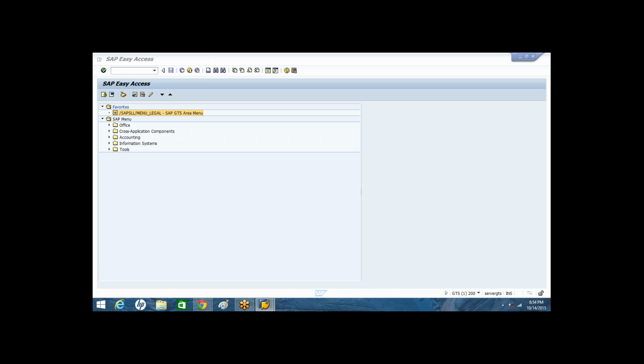These are the two biggest modules of SAP GTS, which occupy almost 80% of the syllabus, and we have two more small modules.